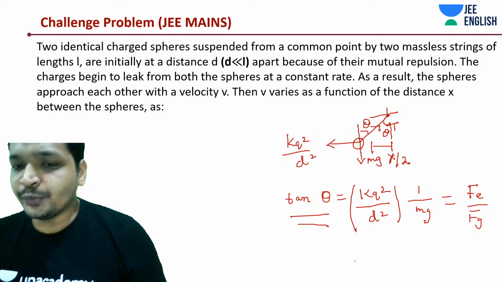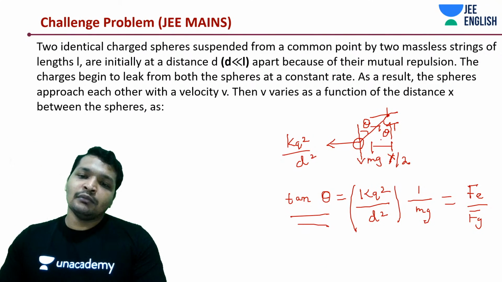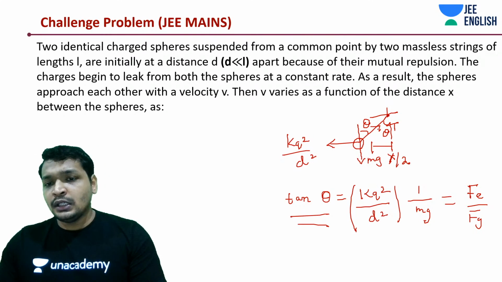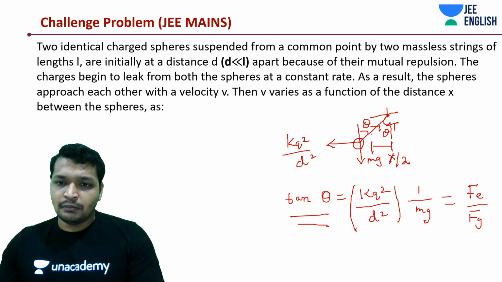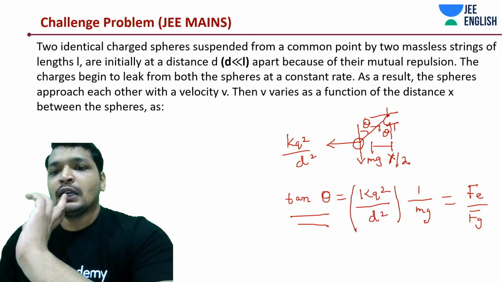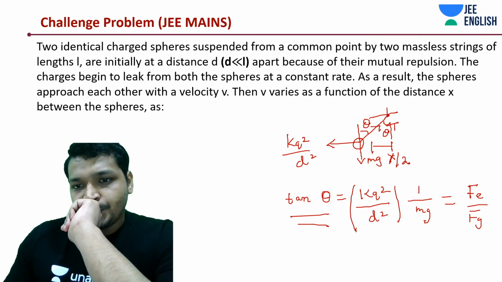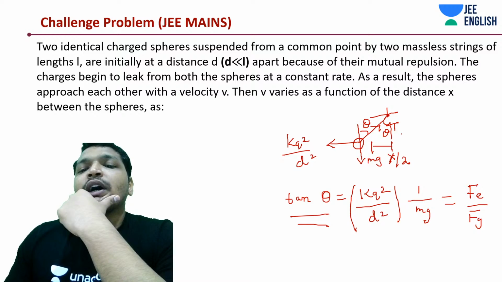What is tan theta then? Tan theta is going to be x by 2 divided by, this is L, under root L square minus x by 2 whole square.